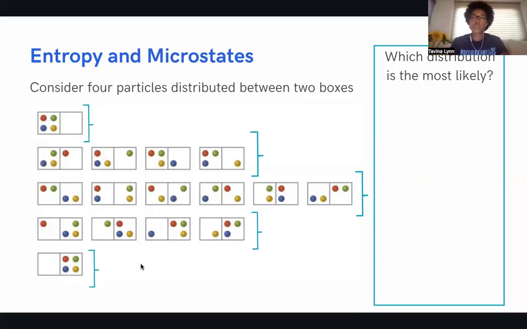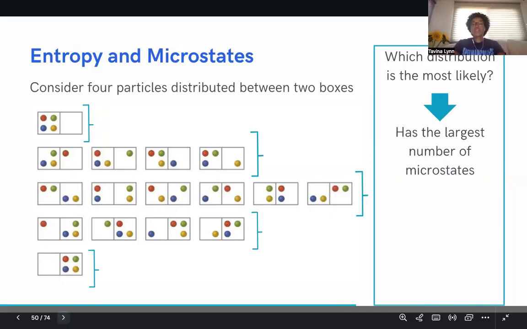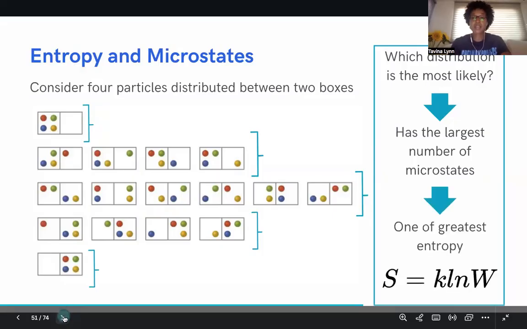Which distribution is most likely? The one that's most likely is the one that has the largest number of microstates, because the largest number of microstates is the one of greatest entropy.